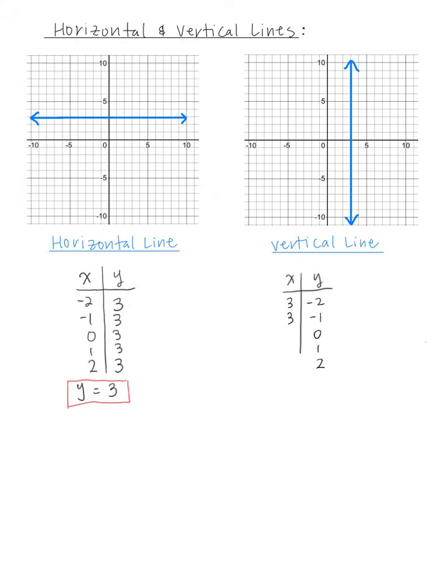In this case, x equals 3. Again, a vertical line does not depend on what the y values are. So how do we write that? We're just going to write it as x equals 3, and that's it. So to write an equation of a vertical line, it's always going to start out with x equals, and this value is going to be the x-intercept of the line.